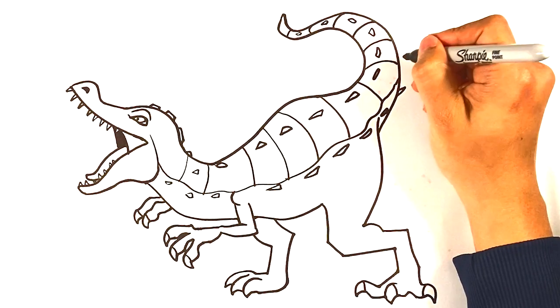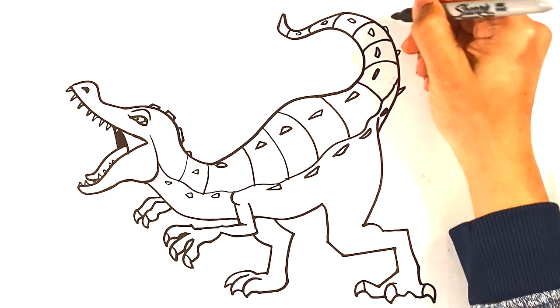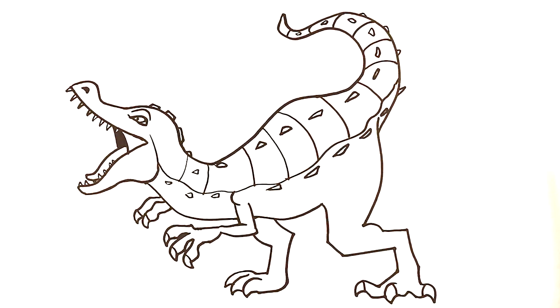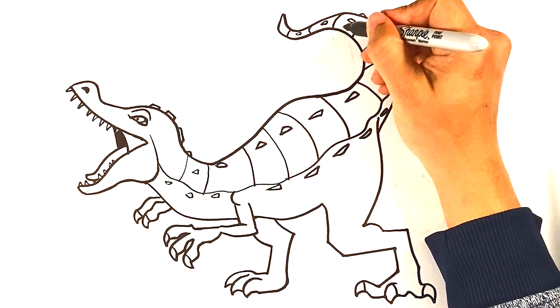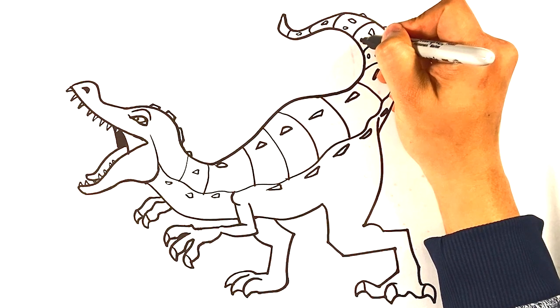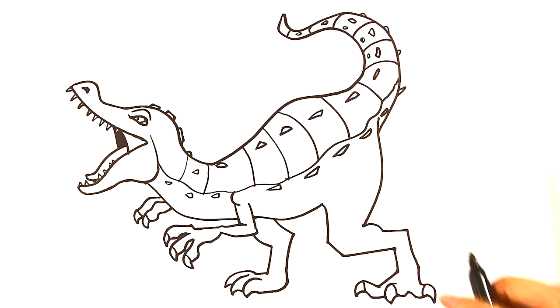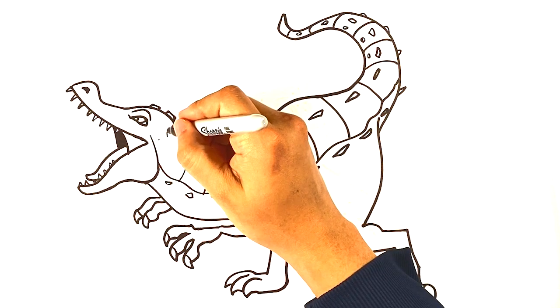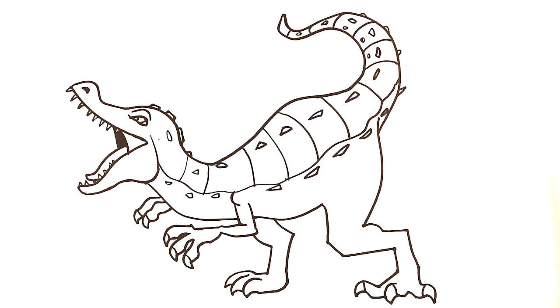Maybe one sticking out over here. Some sticking out of the side. Not too much, but a bit. And line over here. You can throw some more curves, the front of the face.